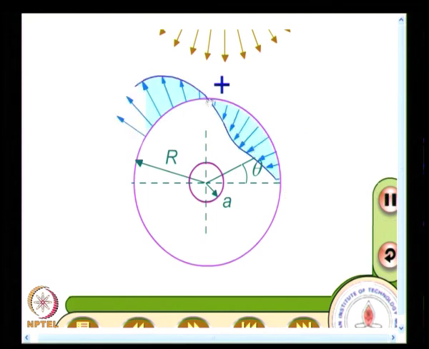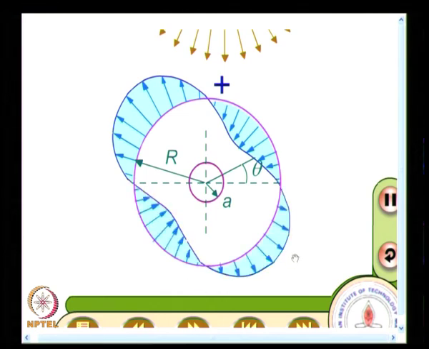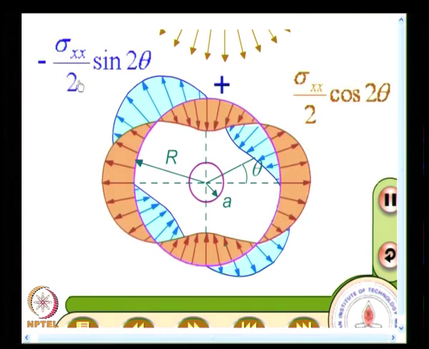The shear stress variation would be something like this. And this is minus sigma XX by 2 sin 2 theta. So, you have both these kinds of loading existing in this problem. You have a contribution from sigma XX by 2 cos 2 theta and minus sigma XX divided by 2 sin 2 theta.